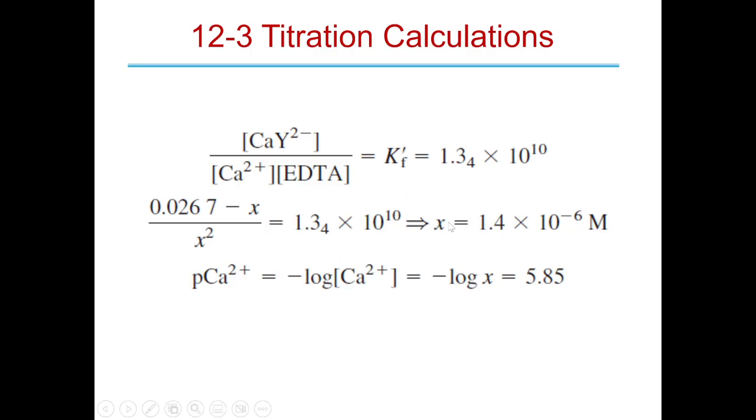So you do your math, you get x equals this. That is the concentration of your calcium that is free. You can then get a pCa, negative log of calcium, by taking the negative log of that value, of course. And that would give you 5.85.